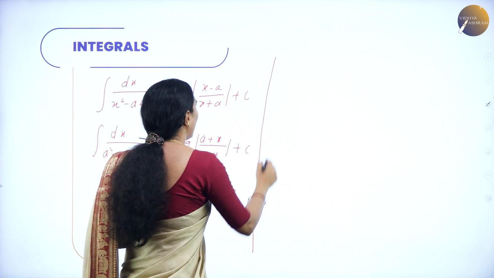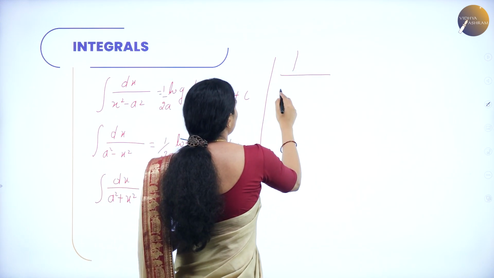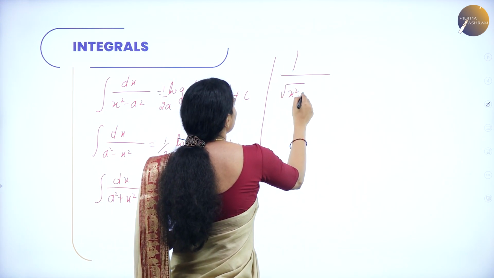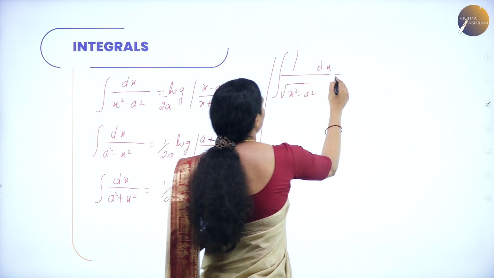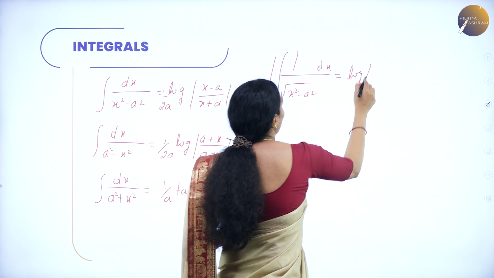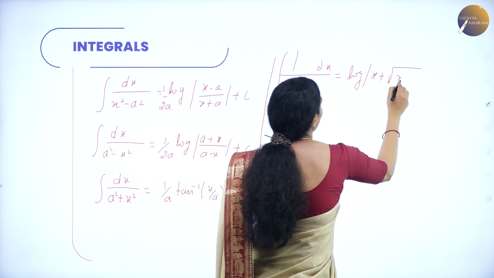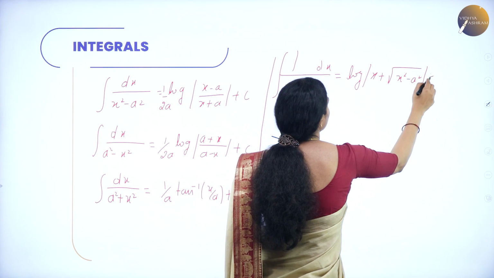So similarly, if you are having all under the root, that is 1 divided by square root of x squared minus a squared into dx, integral of that one will be equal to log of modulus of x plus under the root of x squared minus a squared plus c.